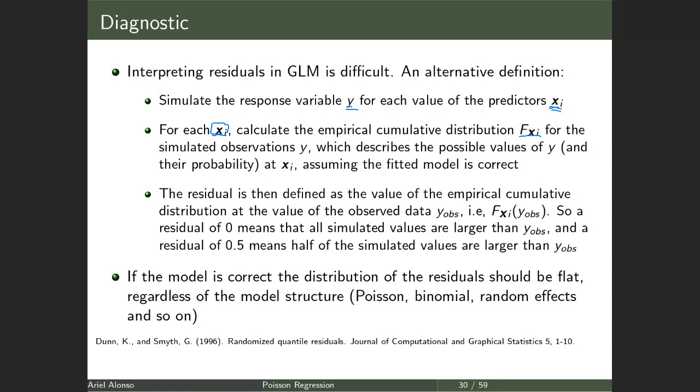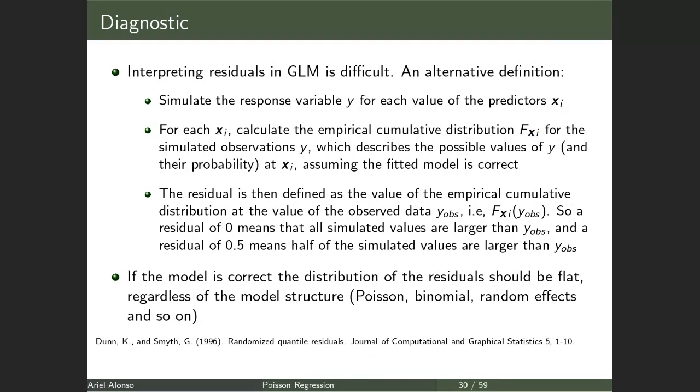So the cumulative distribution evaluated at y0, let's say, is the probability that your response variable is going to be smaller or equal than y0. That is the cumulative distribution, and the empirical cumulative distribution is an estimator of that.